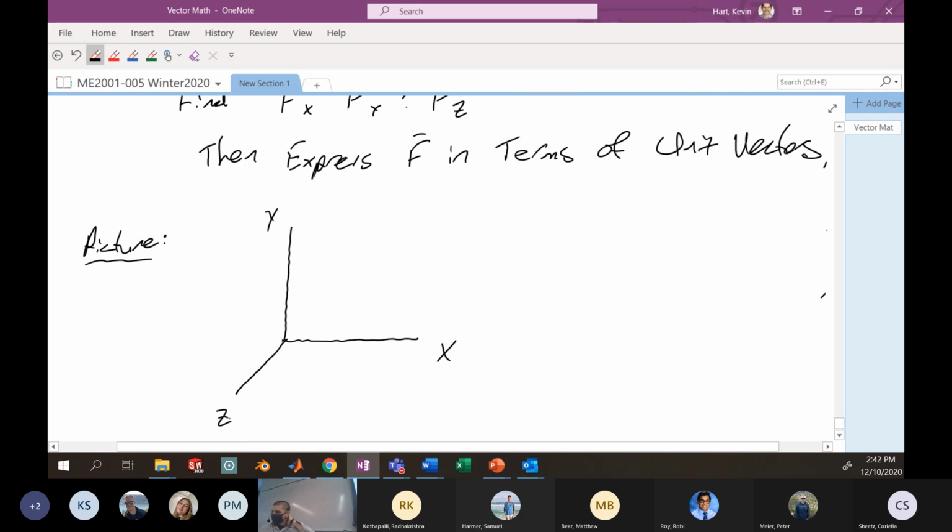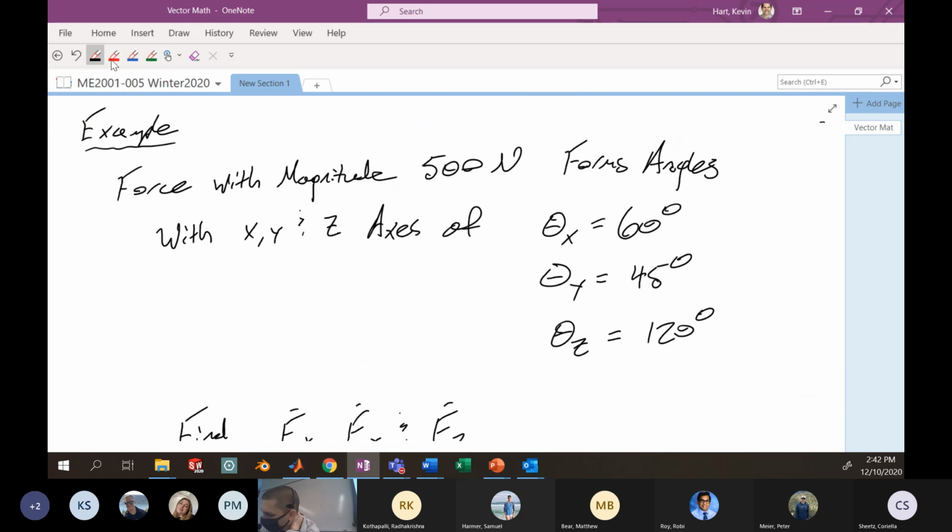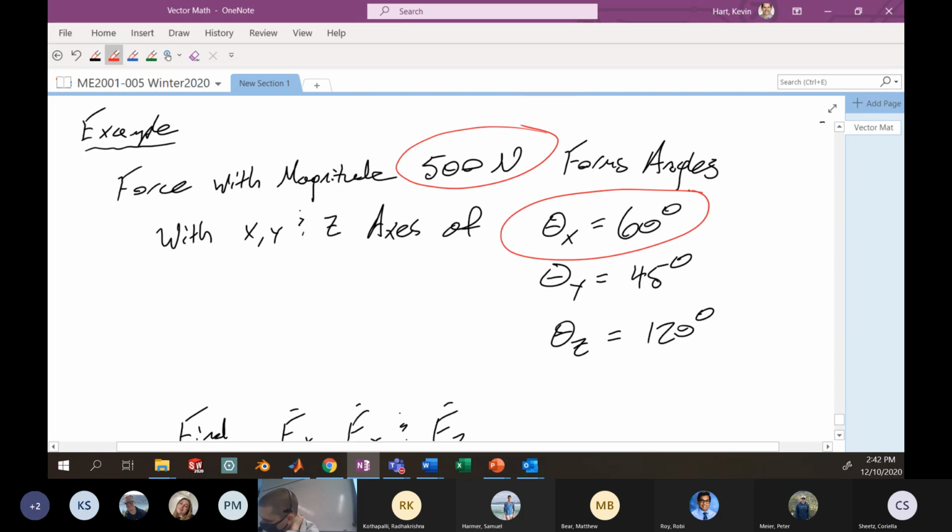All right. So I form an angle with the x-axis, which is 60 degrees. Kind of have to consider all these things together. I have a magnitude of 500 newtons, x-axis 60 degrees, y-axis 45 degrees, z-axis 120 degrees. Interesting. I'll do my best to make this.